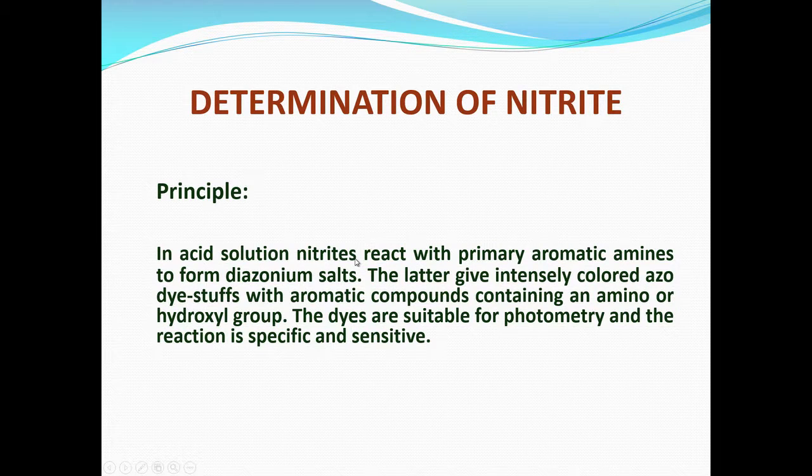In acid solution, normally nowadays nitrites are there in all water and effluents, and whenever there is a problem of hard water in the country, a certain amount of softening is required, and one of the softening methods is RO, that is reverse osmosis.